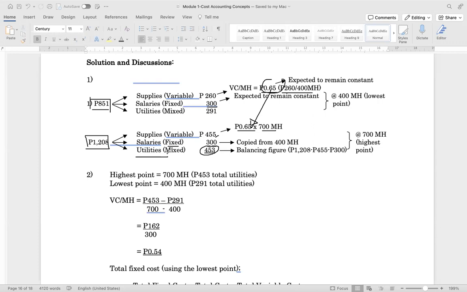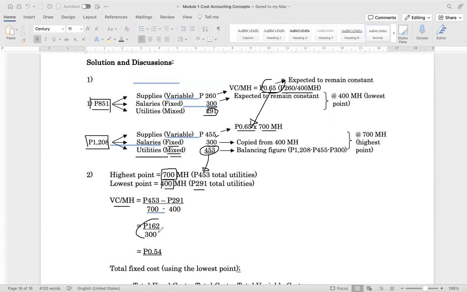That is why we segregate now the utilities, the variable and fixed portion of utilities. So 453, we're going to use 453 at 700 machine hours, the highest activity, and 291, the lowest cost at the lowest activity. So HICO, LOCO: highest cost minus lowest cost over highest activity, HALA, lowest activity.